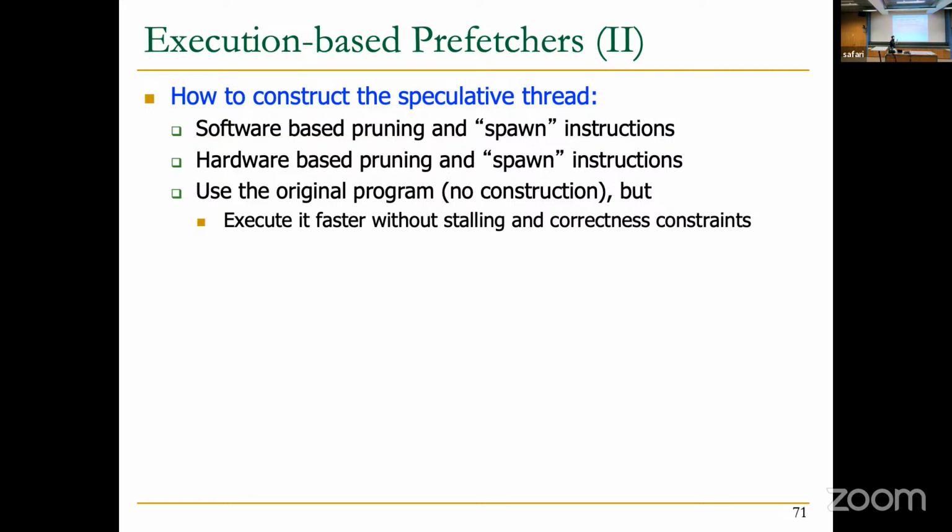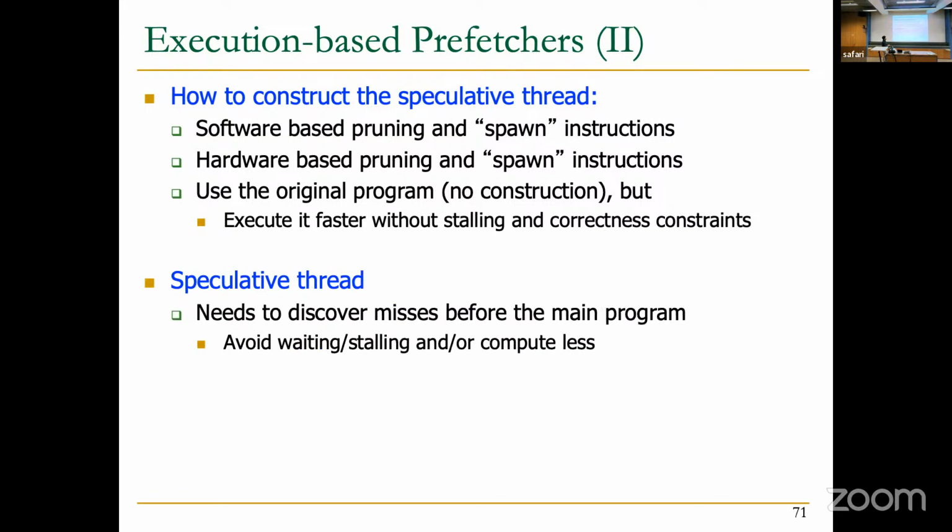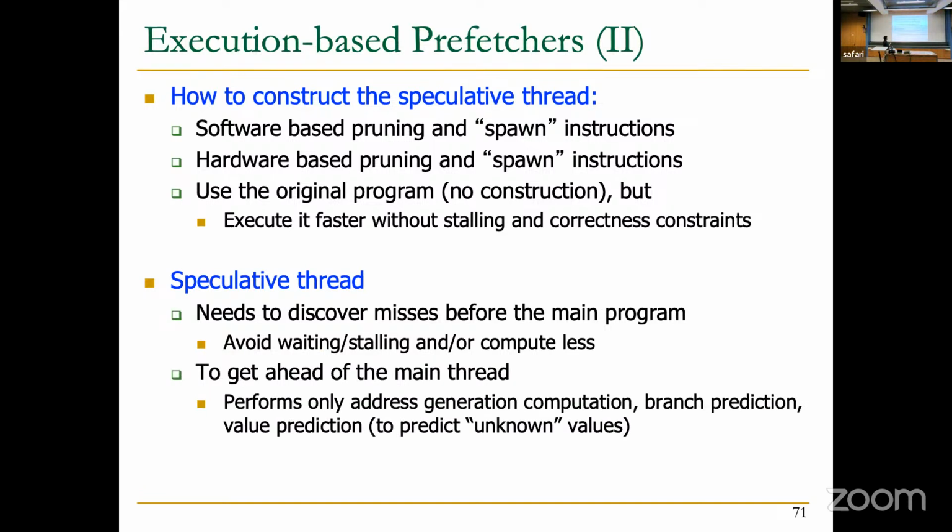Let's go one by one. For the speculative thread, the sole goal is to discover the misses before the main program, so that the main program avoids waiting on or stalling on the requests that your speculative thread is fetching.